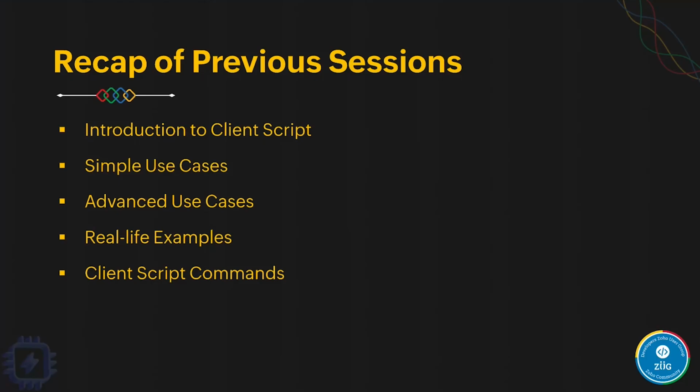Client script not only has a huge list of client-side APIs, it also has a lot of server-side APIs from which you can trigger Deluge custom functions that are written in the backend, as well as third-party APIs to call third-party products or even APIs of different Zoho products from the client side.